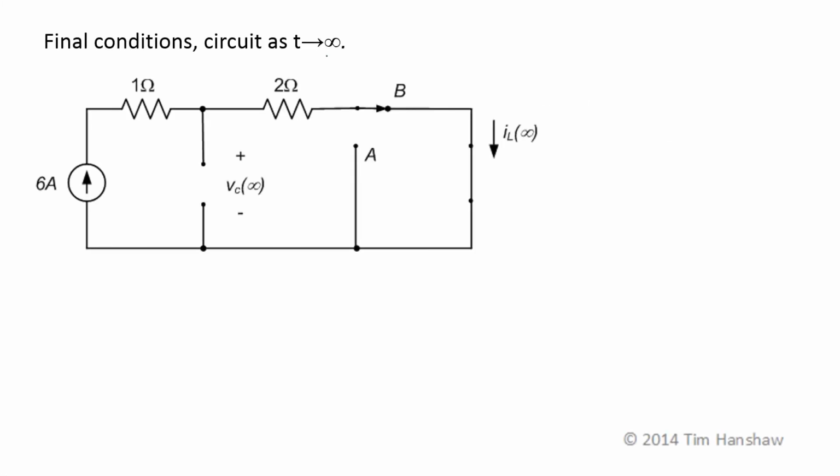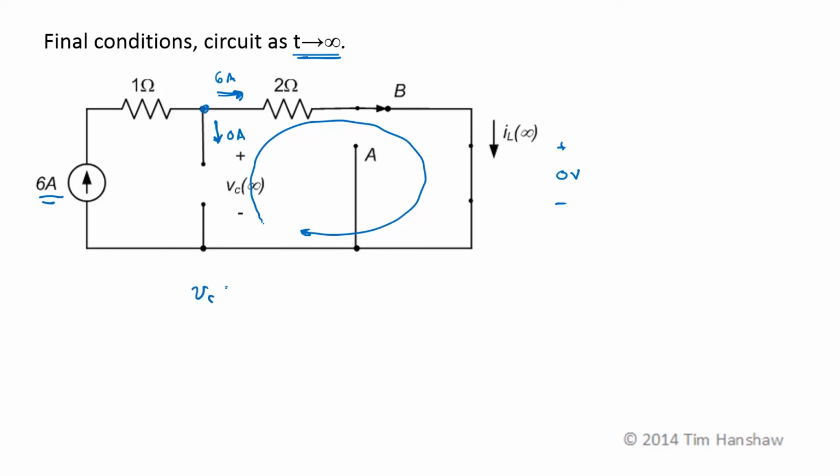Finally, we want final conditions as t goes to infinity. Again, the forcing function is a constant, so capacitors are going to look like open circuits and inductors will look like short circuits. So this has no current and this element has no voltage. If I do KCL here, this has to be 6 amps, 6 amps going in, 6 amps coming out, no current through the capacitor.